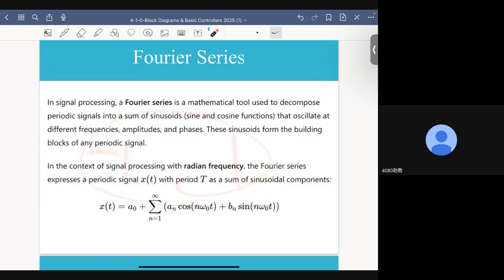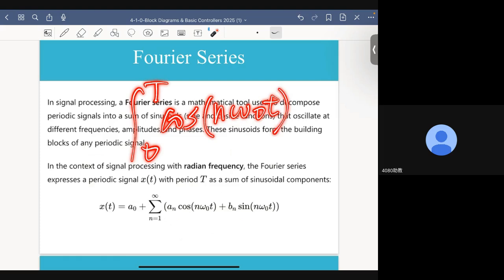So if you integrate them, the positive and negative values of sine and cosine will cancel out with each other. So eventually it will become 0, which means if you integrate this, you will definitely get a result of 0. Okay, you can do it by yourself, but it is just mathematically true.